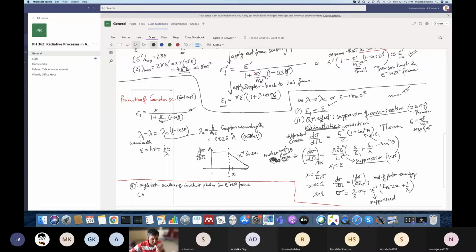And so basically cos theta, or theta prime, whatever, is equal to n hat prime dot n hat 1 prime, right? So this prime is in the electron rest frame, and 1 is after scattering, and no subscript is before scattering. So this is the angle.